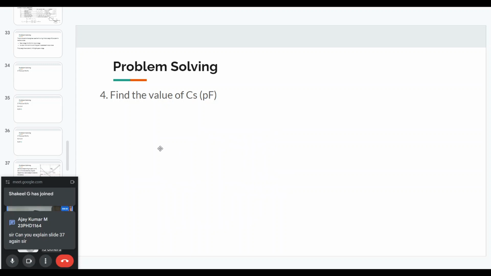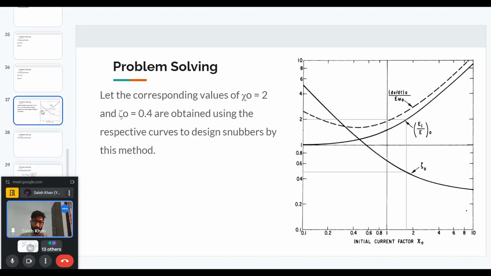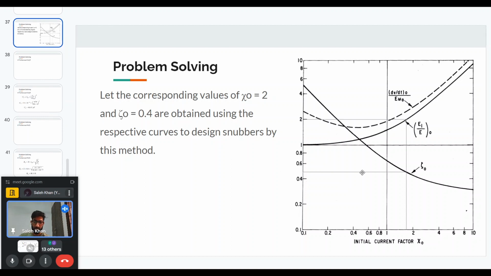Okay, so from this slide, once we know the value of E1, we can find E1 by E. In this case, it comes across as 2.